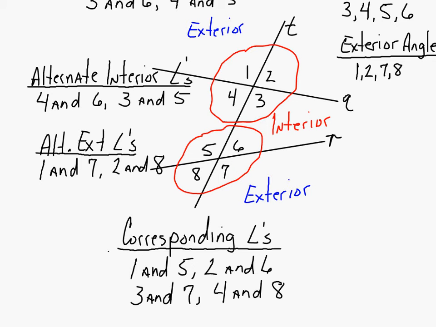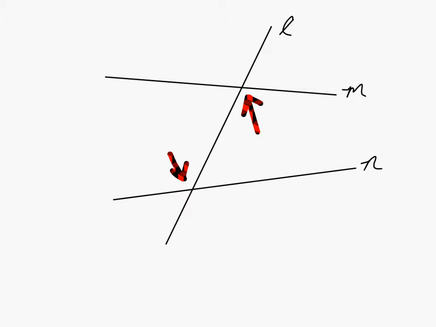Okay, now I just want you to watch. I'm going to ask you a few questions here. We're going to call these lines L, M, and N. This angle and this angle, what are they called?